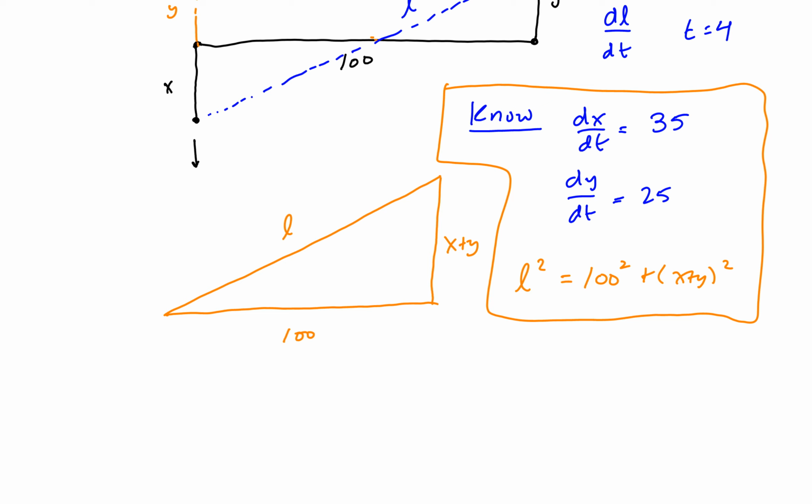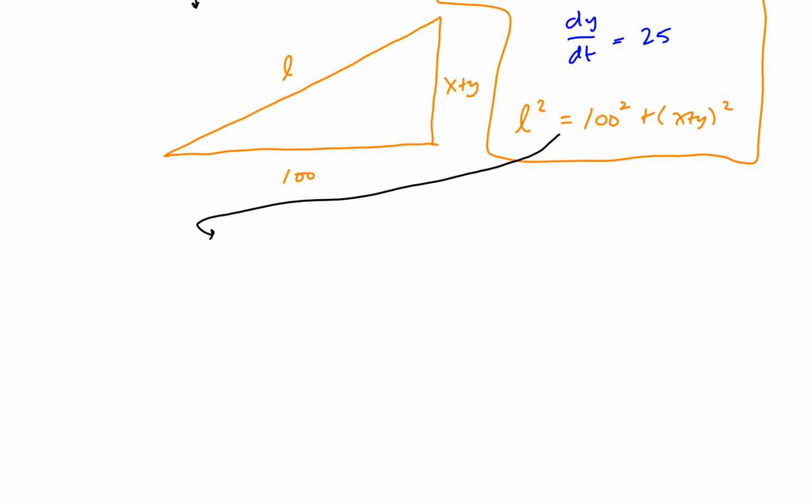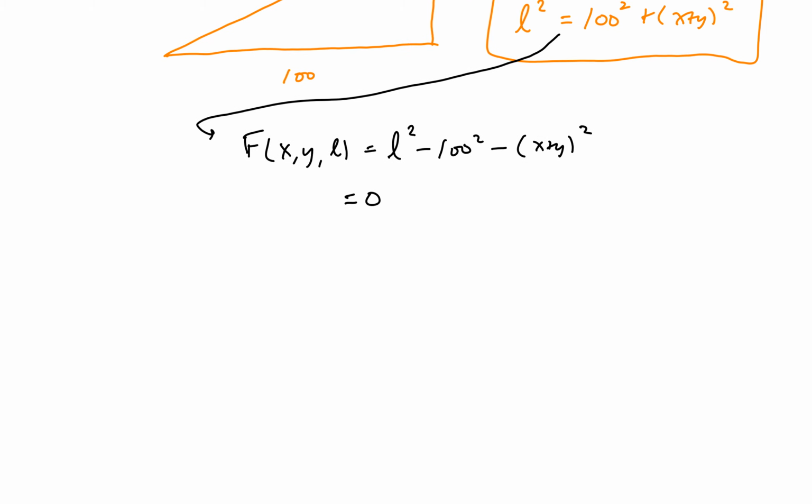So we're going to do the same process we've been doing. We're going to take this equation and make it into an f. So f now depends on x, y, and L. This is going to be L squared minus 100 squared minus (x plus y) squared, and we want when that's equal to 0. So as usual, we take the derivative. I'm going to get f sub x times dx/dt plus f sub y dy/dt plus f sub L dL/dt.